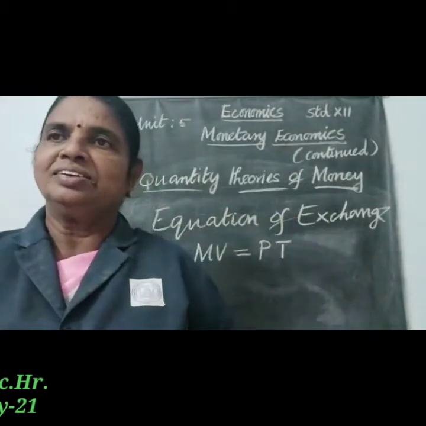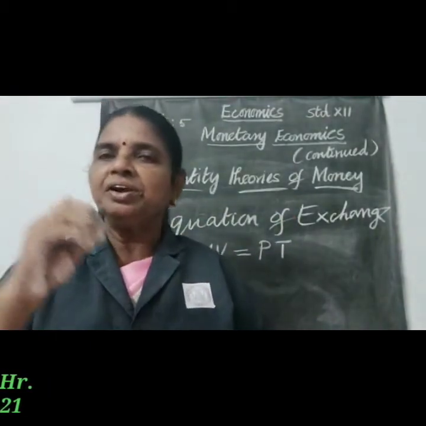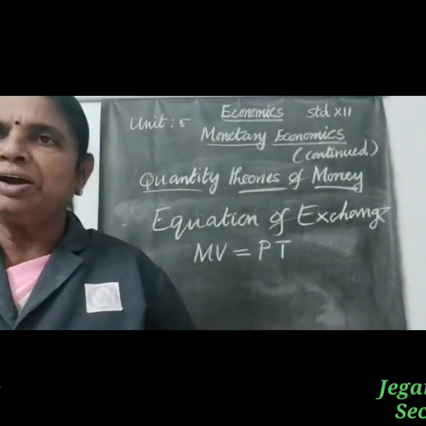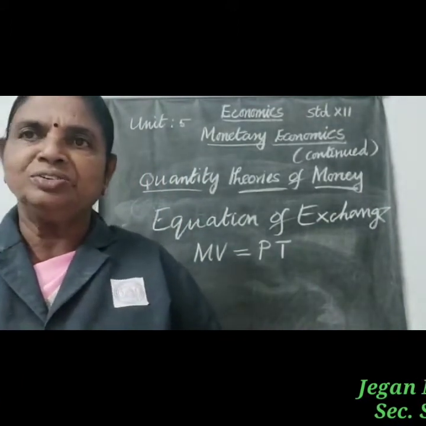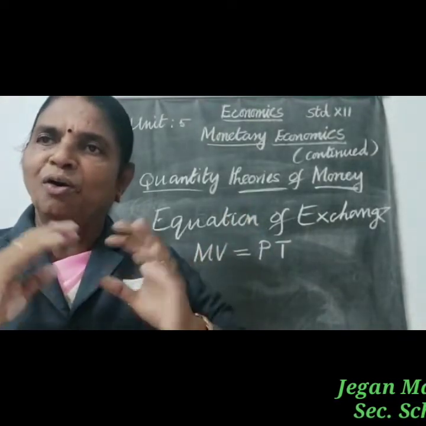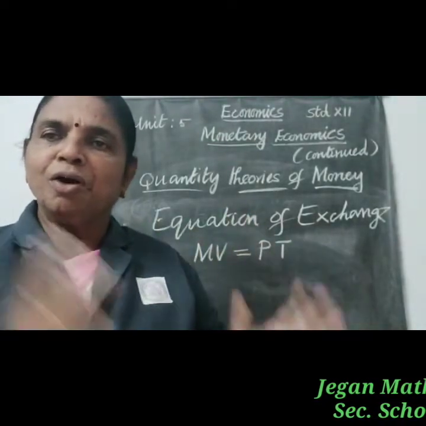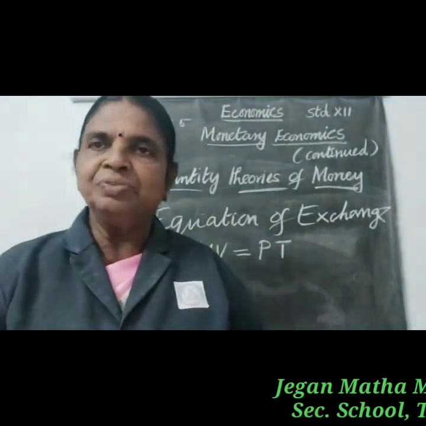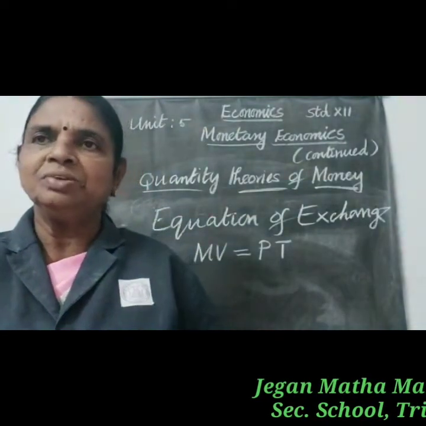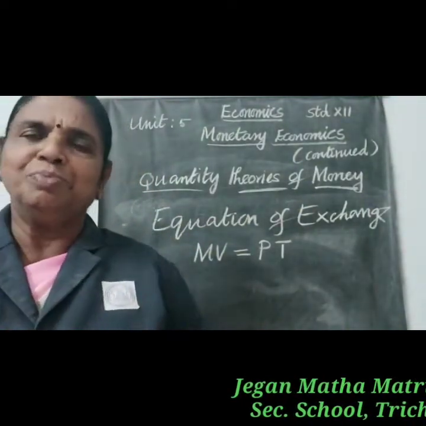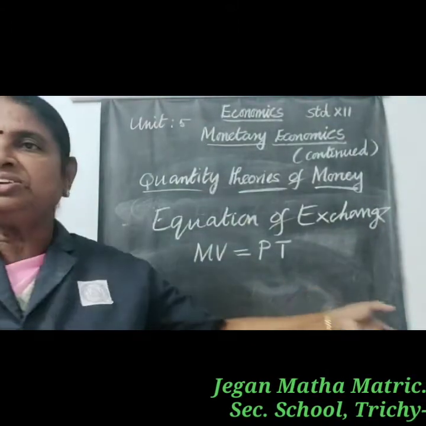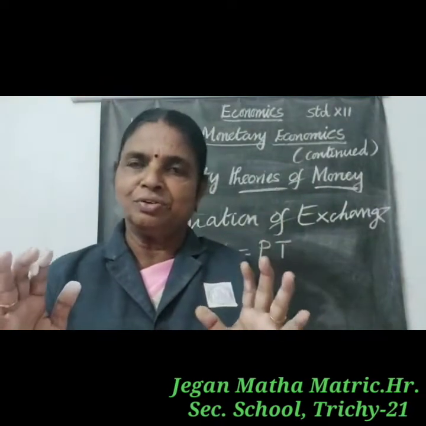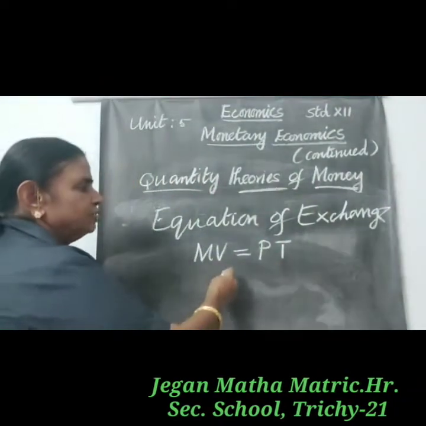Fisher points out that in a country, during any given period of time, the total quantity of money, MV, will be equal to the total value of all goods and services bought and sold. So MV equal to PT.